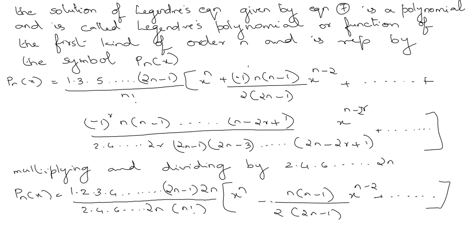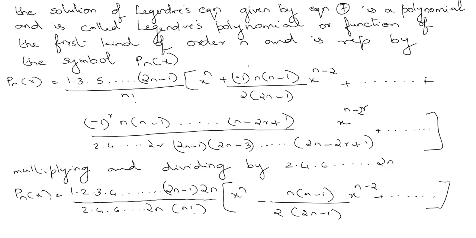That is, Pn(x) is equal to, replacing a0 by 1, 3, 5 etc. to n minus 1 by n factorial, into x raised to n plus minus 1 raised to 1, n into n minus 1 by 2 into 2n minus 1, into x raised to n minus 2, plus etc., plus the general term, plus etc. Now we are going to multiply and divide this equation by 2 into 4 into 6 etc. to n.